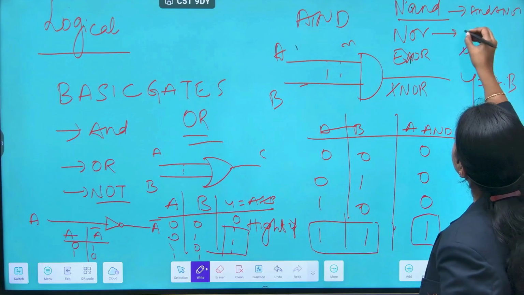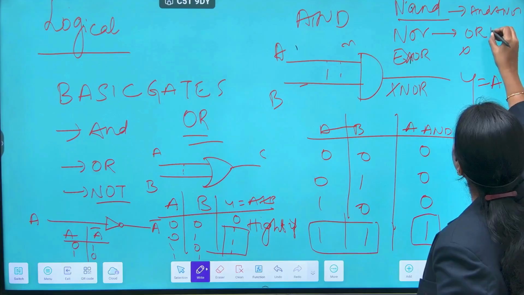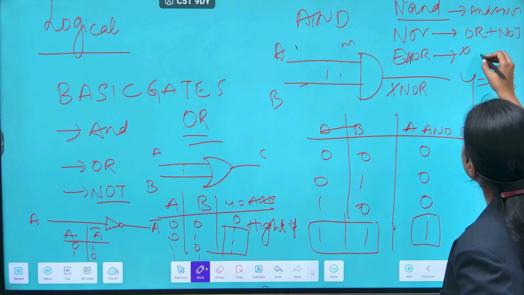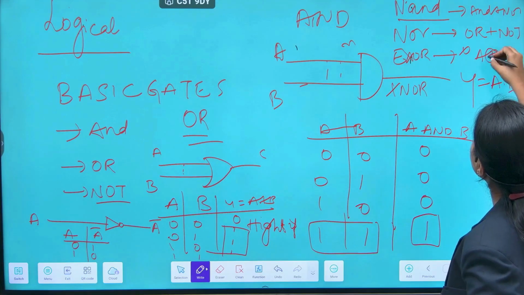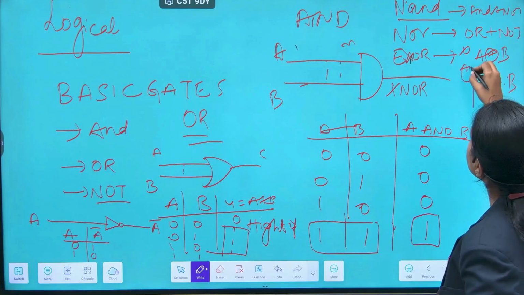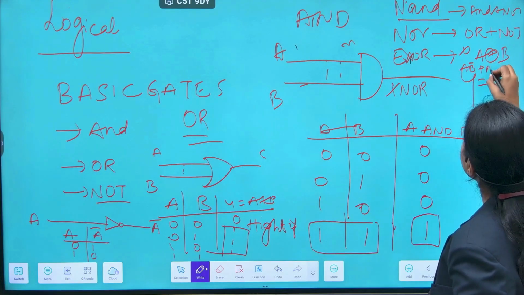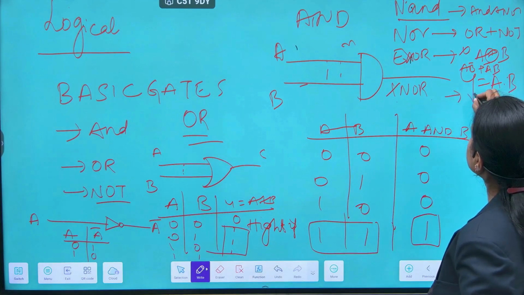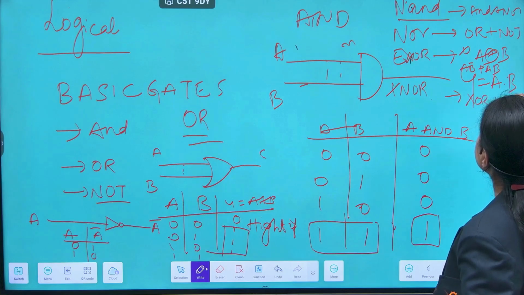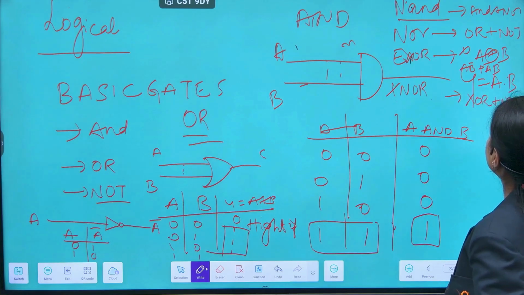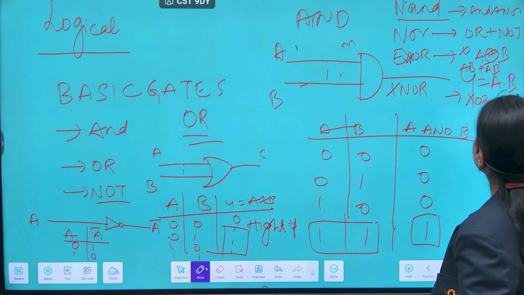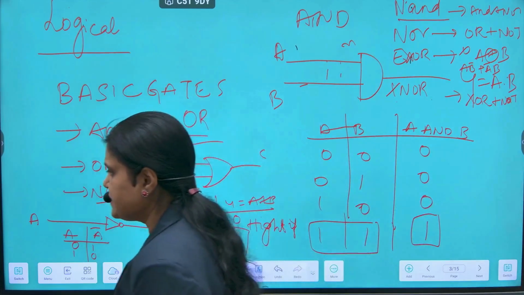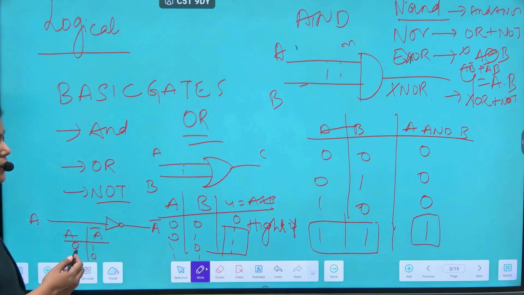The NOR gate is a combination of OR gate and NOT gate. Similarly, A XOR B is AB bar plus A bar B. Similarly, XNOR is XOR gate plus NOT gate. So we have three basic gates, that is AND, OR and NOT.